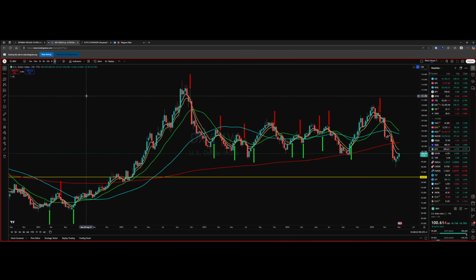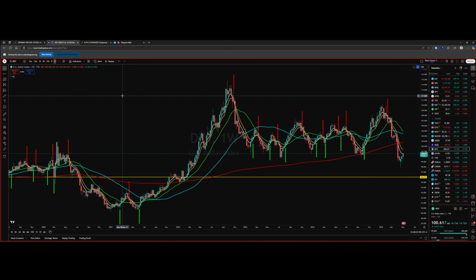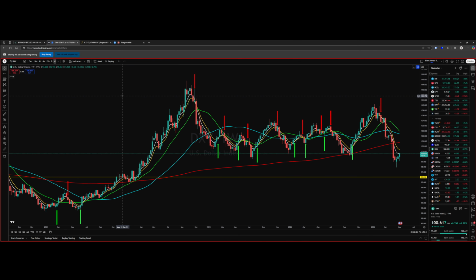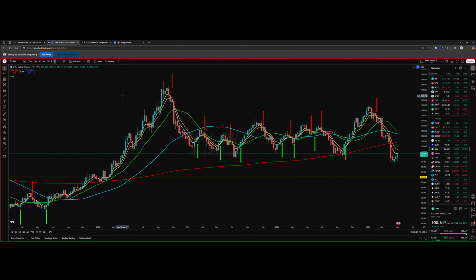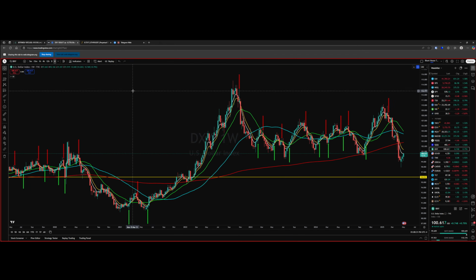So where do you think the US dollar goes now? Now this is a good test, right? The peaks and valleys here are obvious.